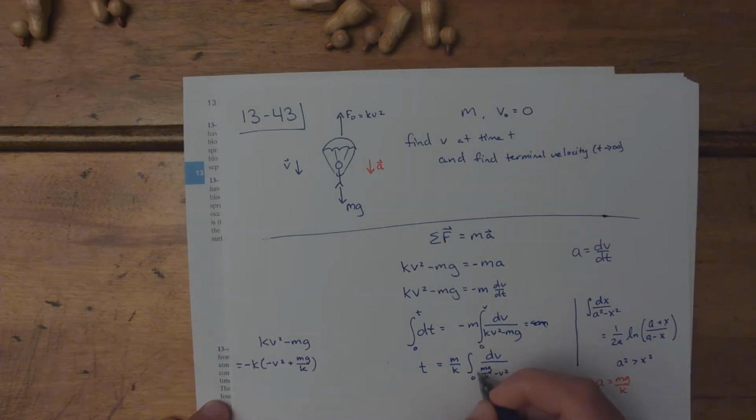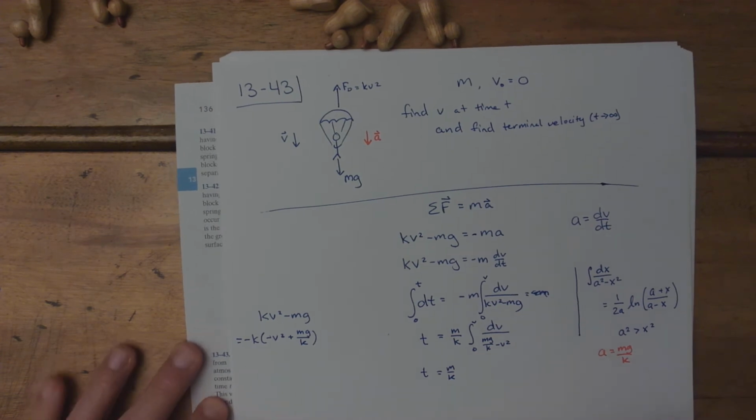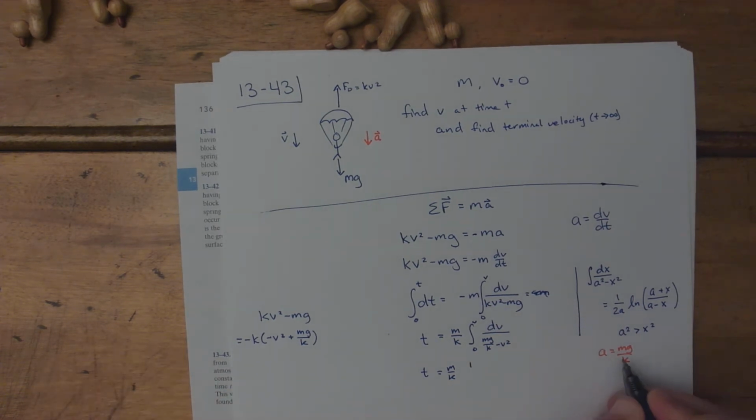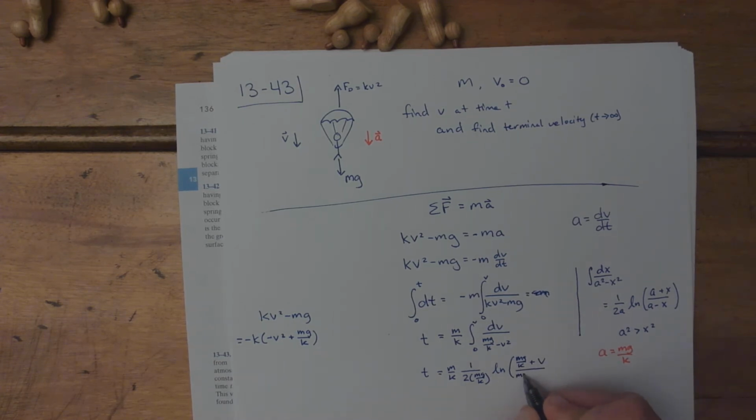So we're going from 0 to v. Now I can go ahead and use this to say that that integral would be 1 over 2a. What is a? A is mg over k. So that's 1 over 2 times mg over k times the natural log of (a + x)/(a - x), which is mg over k plus v, divided by mg over k minus v, going from 0 to v.